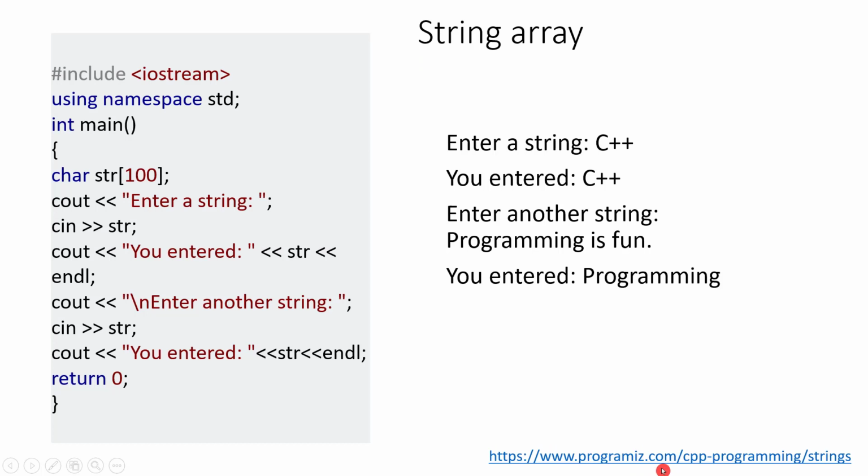We'll see a program. We have include iostream, using namespace std, int main. Character, char str in bracket 100 handles the maximum size, semicolon. cout enter string. So directly enter string will come here, as there is no next line. cin str. So we'll be asked to put a string value. Here the programmer actually puts C++ as the string value.